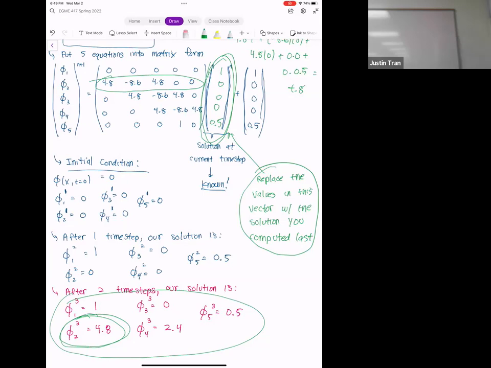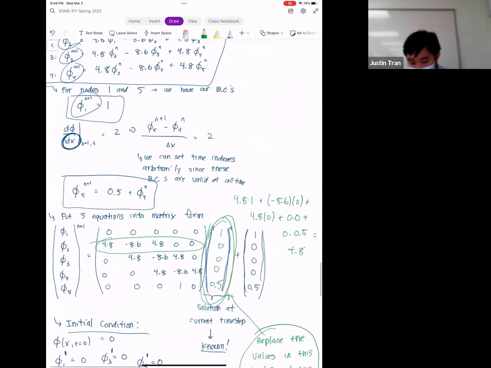Okay. Thank you. So that one value was from phi 4. Remember our Neumann boundary condition was this equation right here, and this 1 is meant to be for phi 4. Before we started plugging in values, this was phi 1, phi 2, phi 3, phi 4, phi 5.